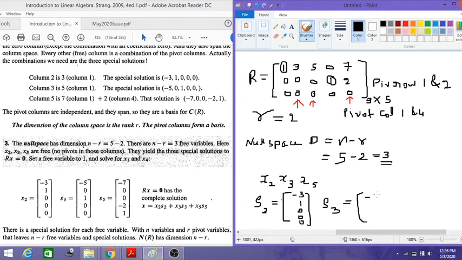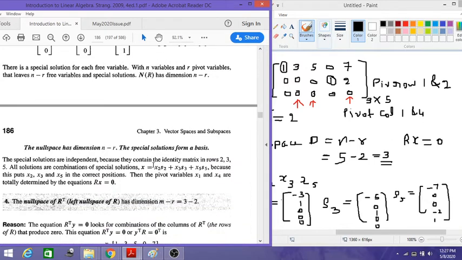So S3 we will get as minus 5 0 1 0 0. Then S5 is minus 7 0 0 minus 2 and 1. These are the special solutions, and we know that for the null space, in the reduced matrix form, Rx should be equal to 0.